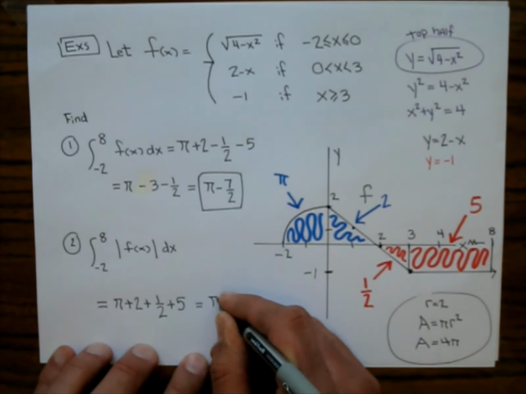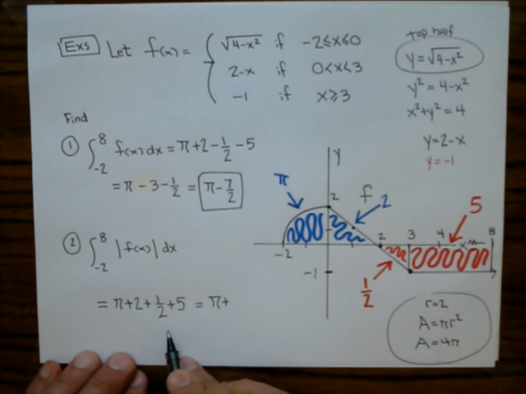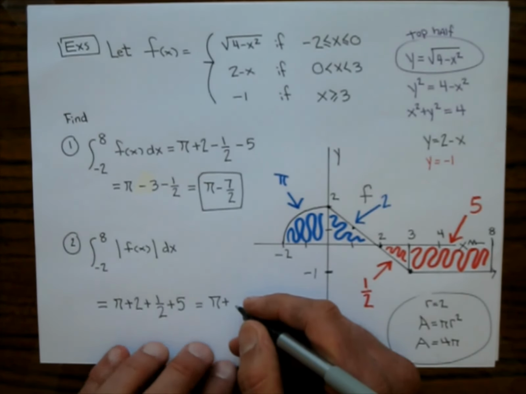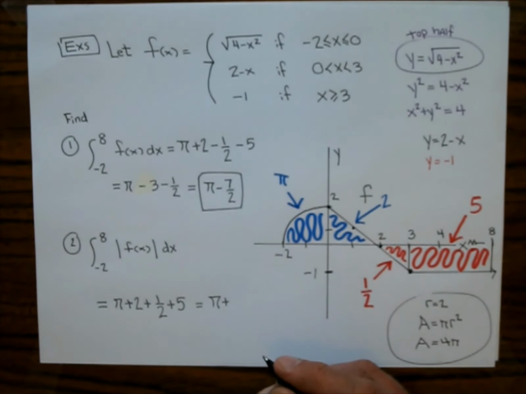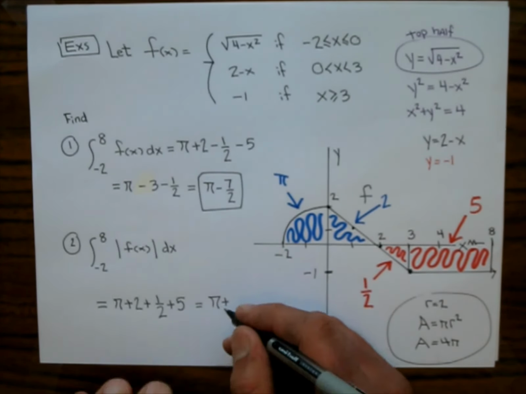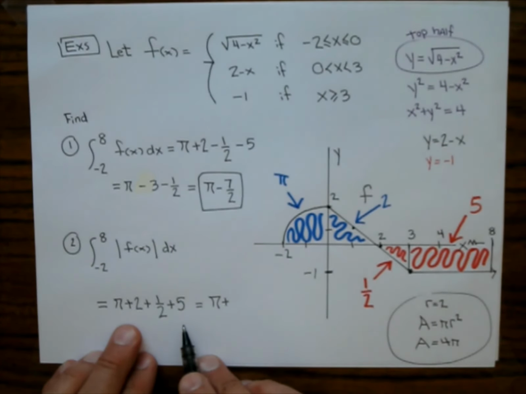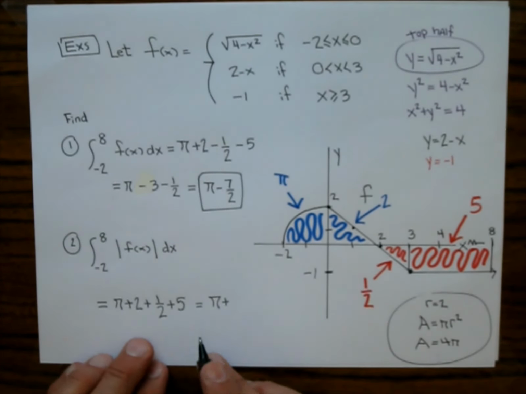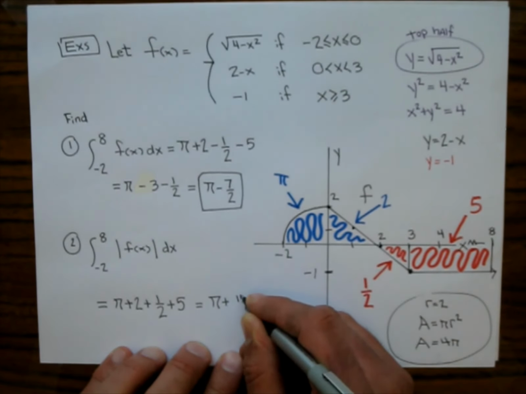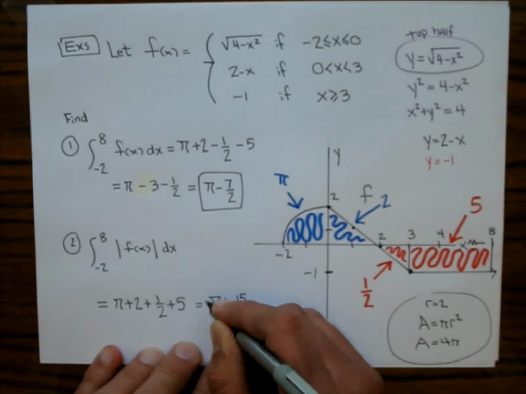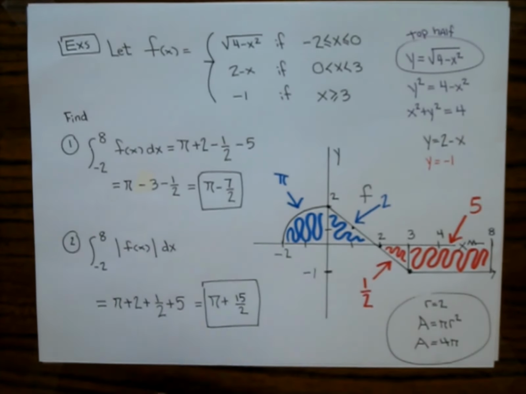So this is pi plus 7.5, which is really 15 over 2. And so I think that's what we're getting for the answer there.